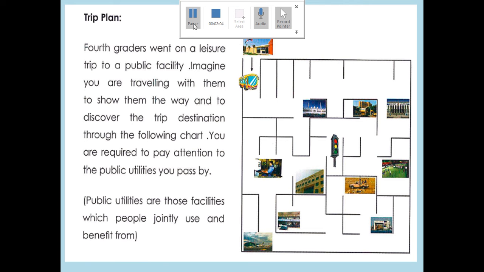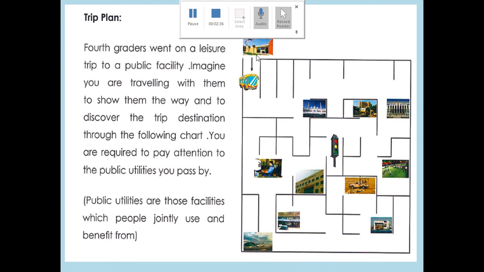And now here you'll find a maze or a trip plan. So the grade 4 students went on a leisure excursion to the public facilities. Imagine that you have been traveling with them to show them the way and to discover the trip, the destination, what you might pass through on this journey, what you might see on the way.